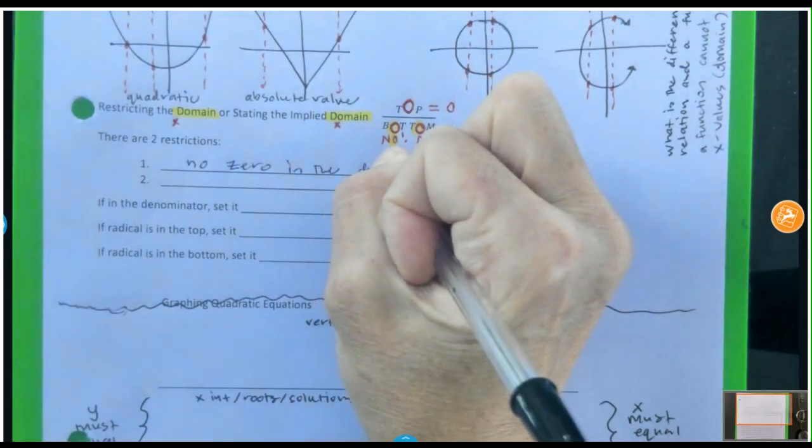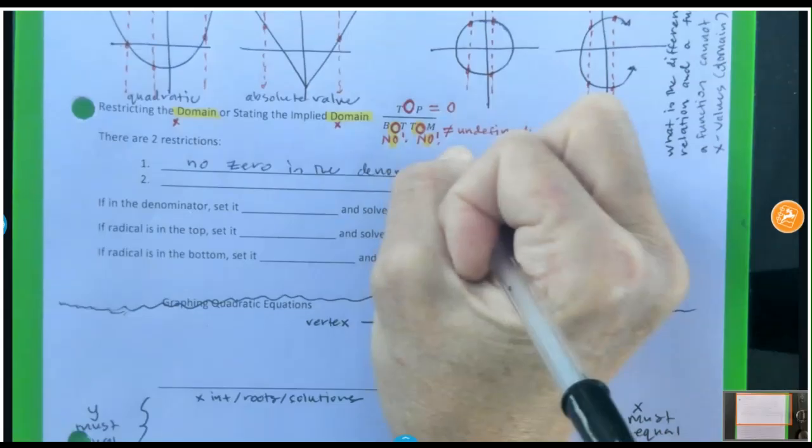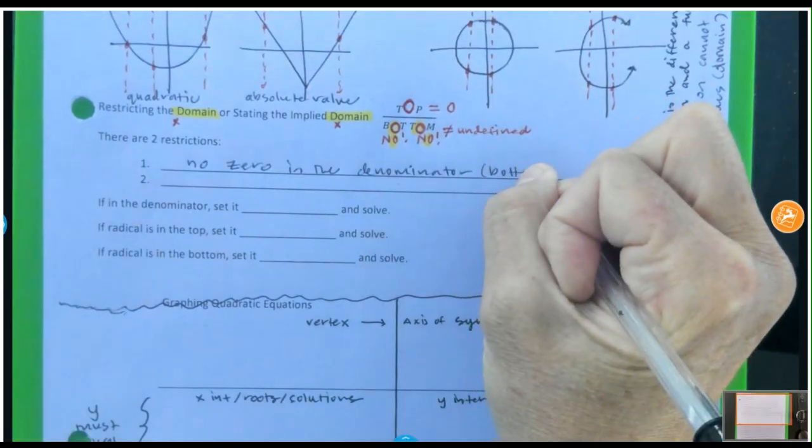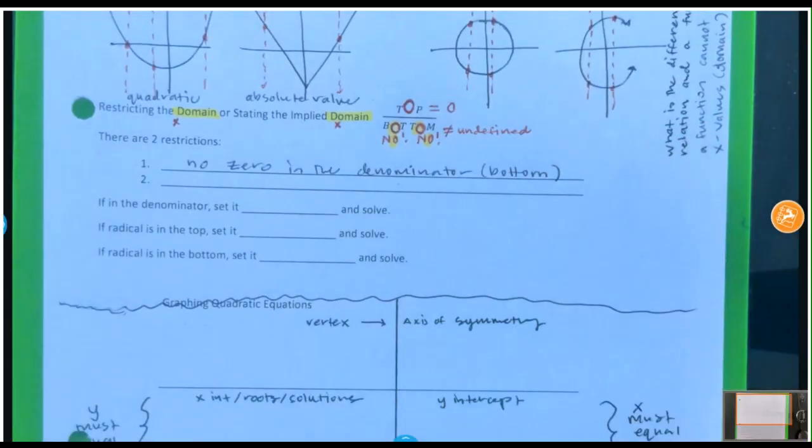Now, where's the denominator? Bottom. So you cannot ever have a 0 in the bottom of a number. If it is in the denominator, it is undefined. It is a no to have 0 in the bottom. That's your first restriction.